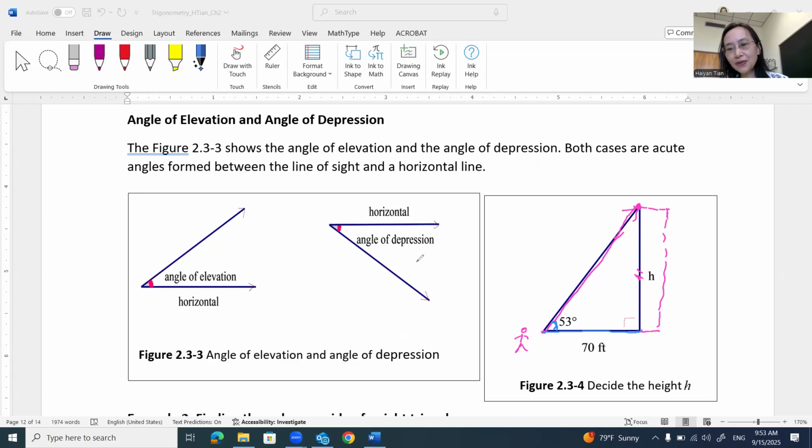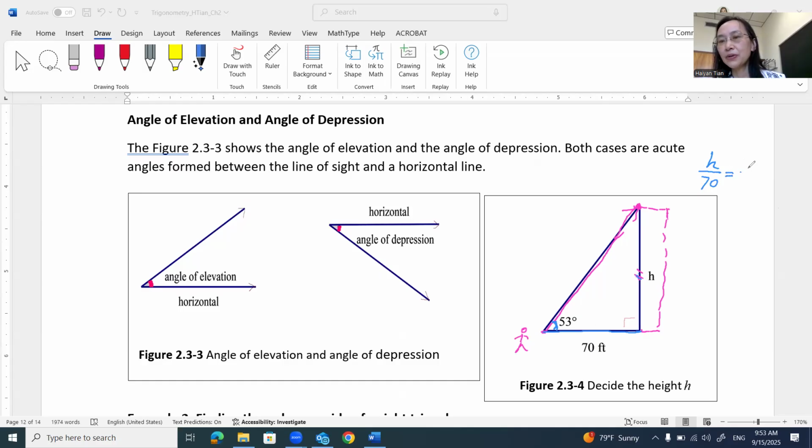So how do we discover the height of the building? Let's write an equation involving the height. The height of the building over 70. This is the leg opposite to the acute angle 53 degrees. So h over 70 is what?